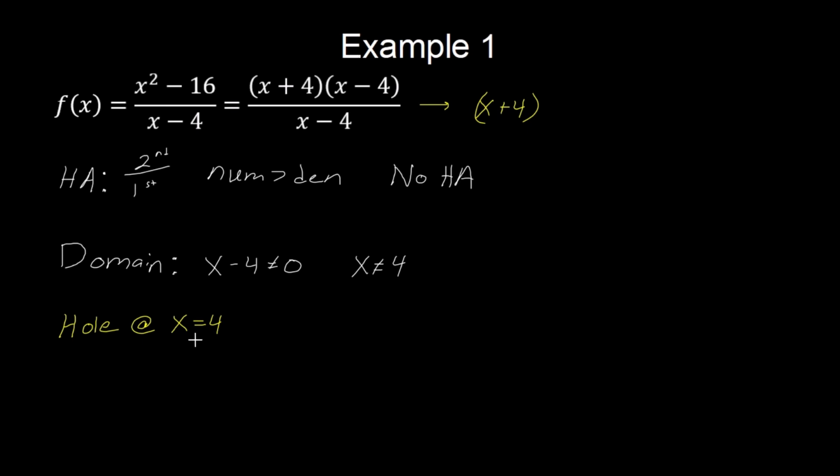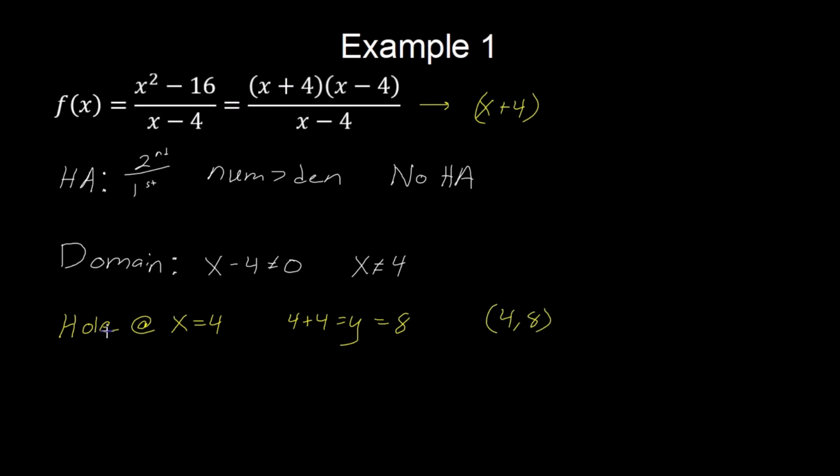So this is the x position. If I wanted to find the y position, I would plug into my now simplified form. So to find the actual point, I will plug into the simplified equation. I'm going to say 4 plus 4 equals my y coordinate. So I know that I'm going to have a hole at (4, 8).